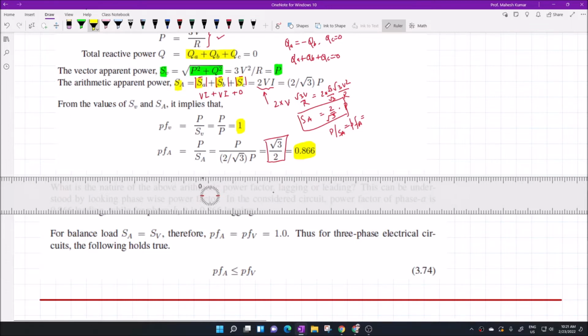As far as the design of a transmission line, distribution line or feeder is concerned, we are obviously inclined to choose this value of power factor, because this is less in magnitude, more pessimistic, and it therefore gives more margin of safety as far as the overloading of the line is concerned.